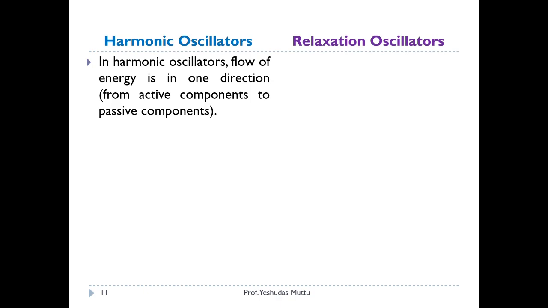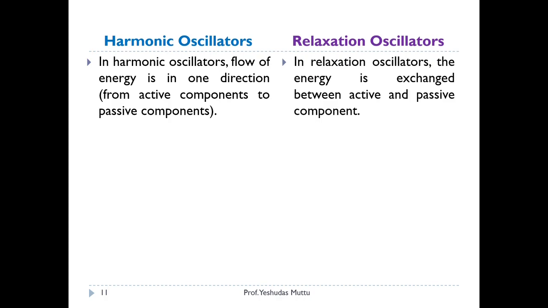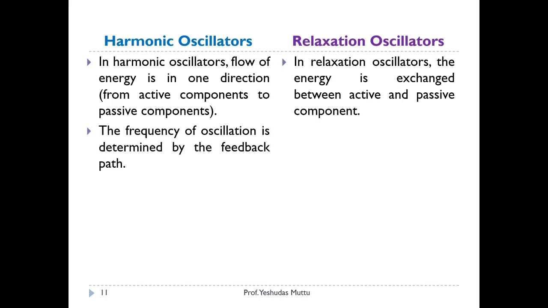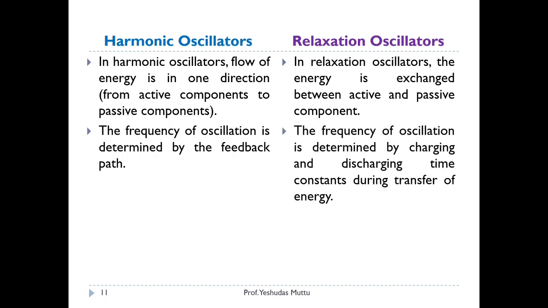Similarly, for a relaxation oscillator, there is an exchange of energy that takes place between the active components and passive components. So this is a major difference between the two. Then the frequency of oscillation is determined by your feedback path. In the case of a relaxation oscillator, it is determined by the time constant because of charging and discharging of the components.